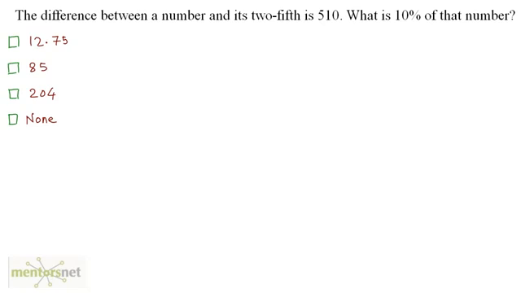The difference between a number and its 2/5 is 510. What is 10% of that number? Now let this number be x. So the difference between this number and its 2/5 is 510. So the difference is x minus 2/5 of x, which is equal to 510.